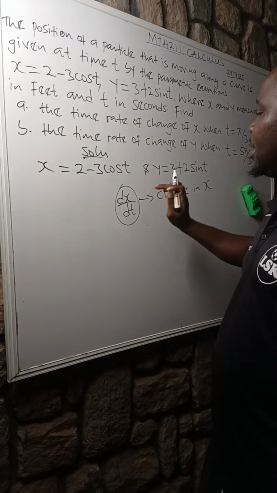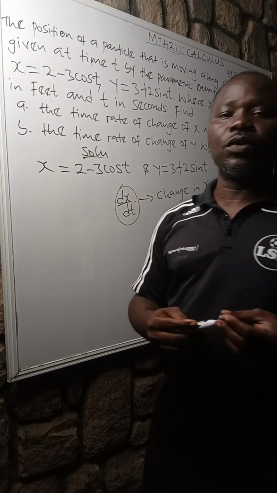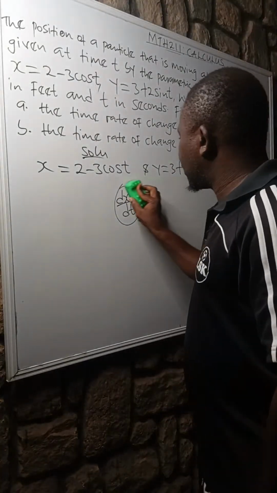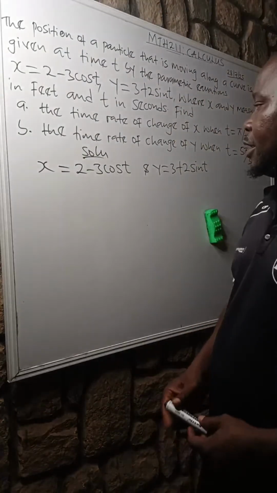So what we need to do here is differentiate this function with respect to t.